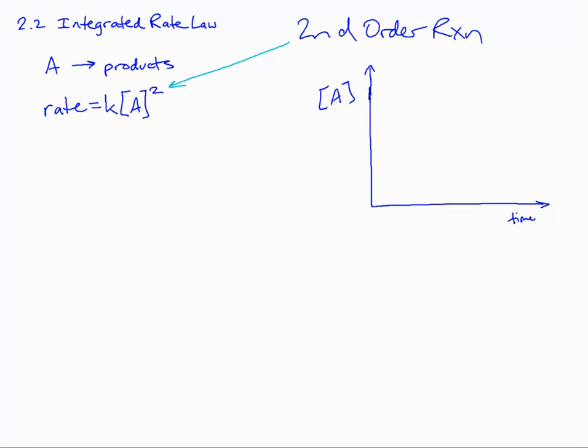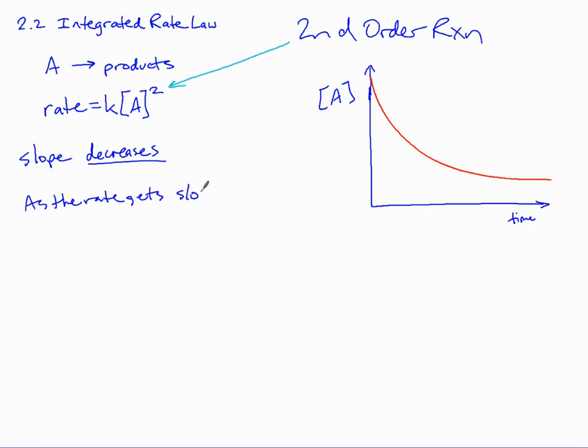So here's what happens as the concentration of A decreases, the rate or the slope also decreases. And so our concentration versus time graph looks something like this. And same idea as last time. As the rate gets slower, the slope gets smaller.